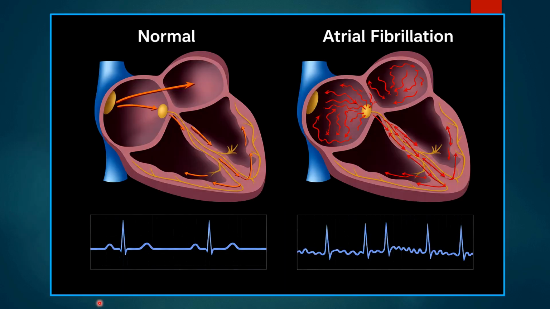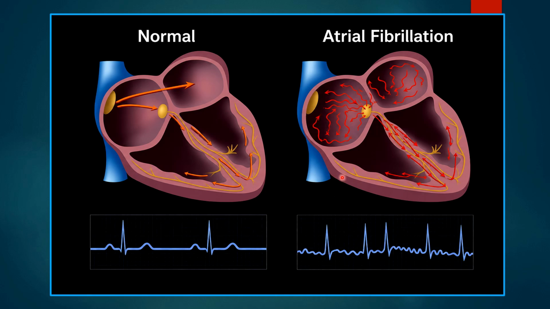As I explained in the previous slide, the heartbeat begins in the SA node, then goes to the AV node, and from there to the bundle of His, bundle branches right and left, and Purkinje fibers, which cause the heart to contract and relax normally.